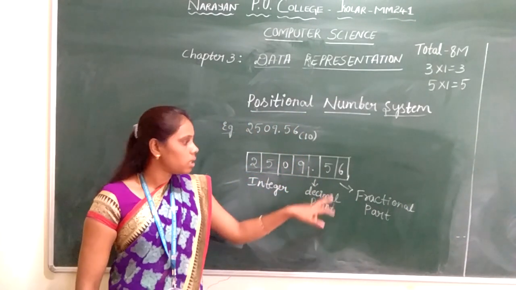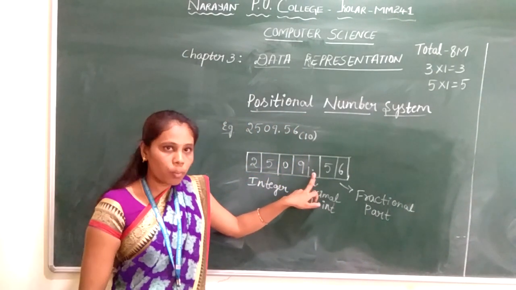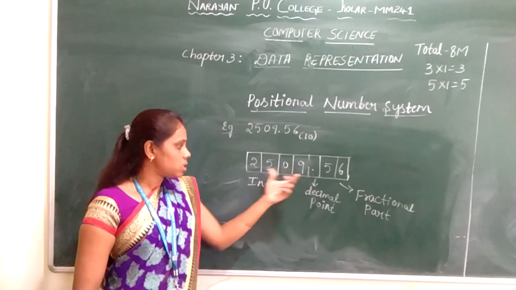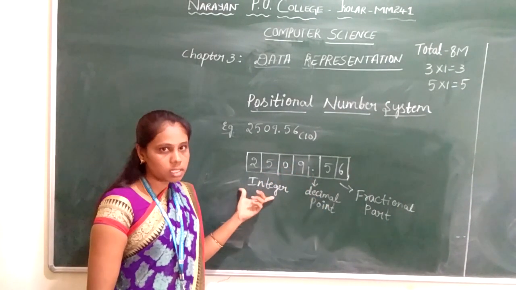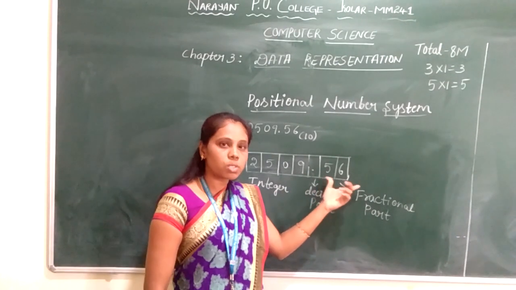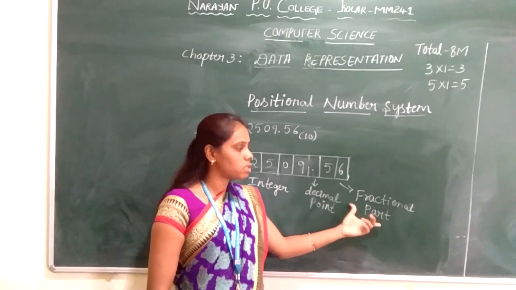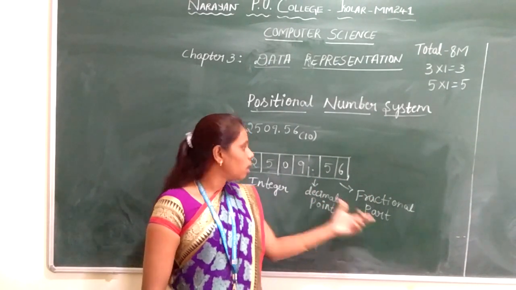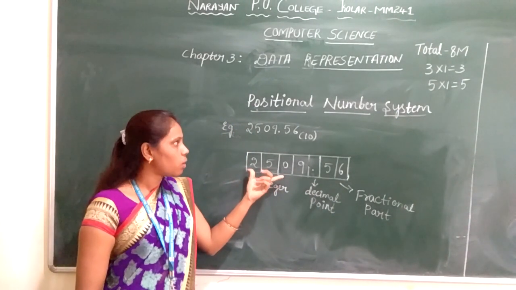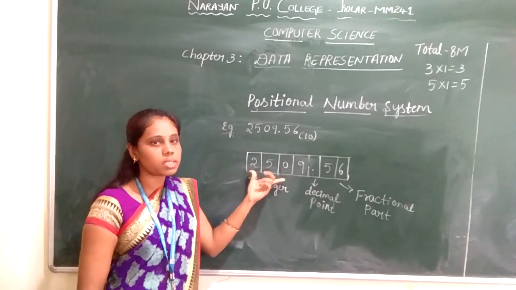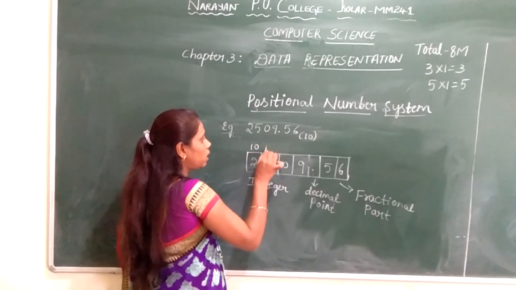So I repeat again, this we call a decimal point. The digits which appear towards the left of the decimal point are called the integer part, and the digits which appear towards the right of the decimal point are known as the fractional part. I told you the weights of the decimal number system will be represented as powers of 10.